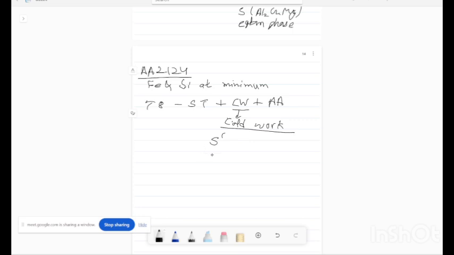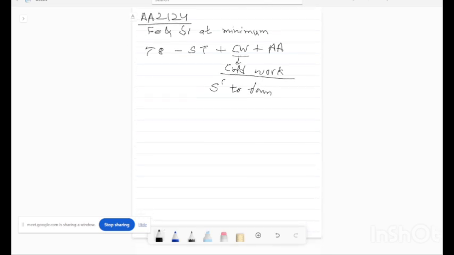So the cold working is given to ensure enough nucleation of the S prime to form. And here the dislocations generated during the cold working and grain boundaries act as heterogeneous nucleation sites.